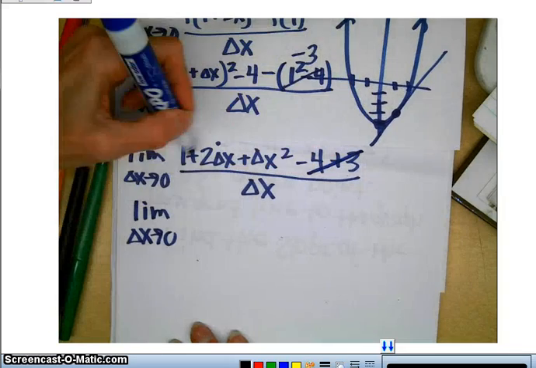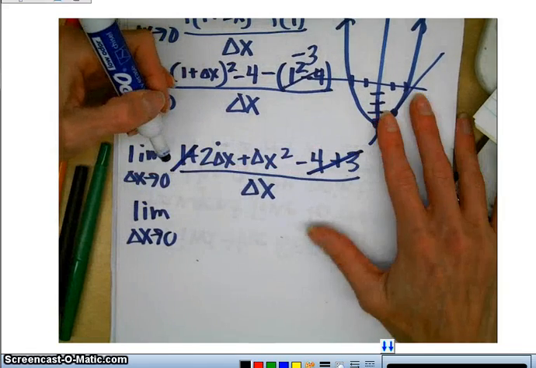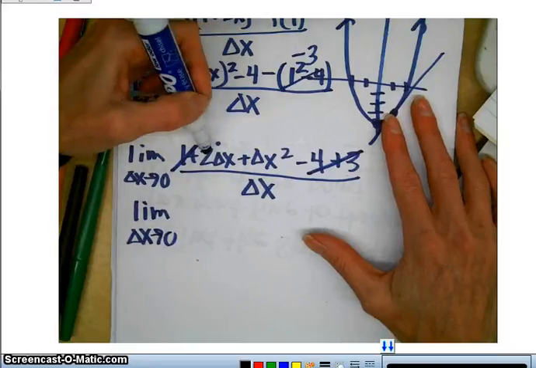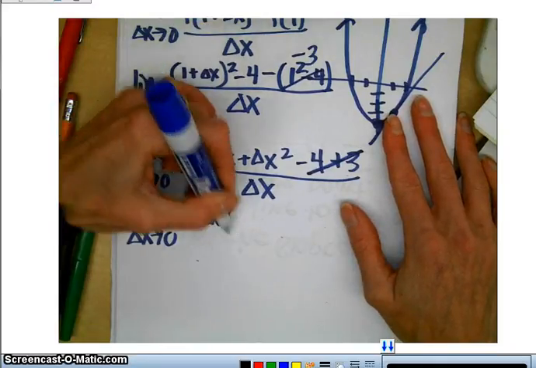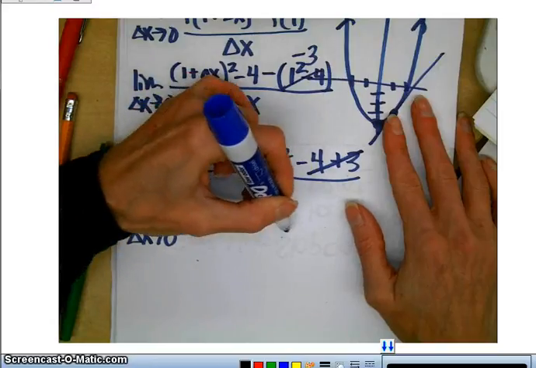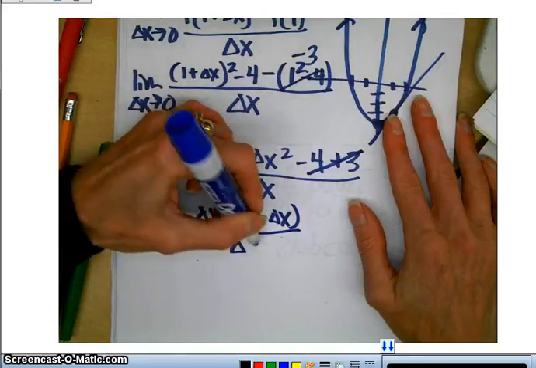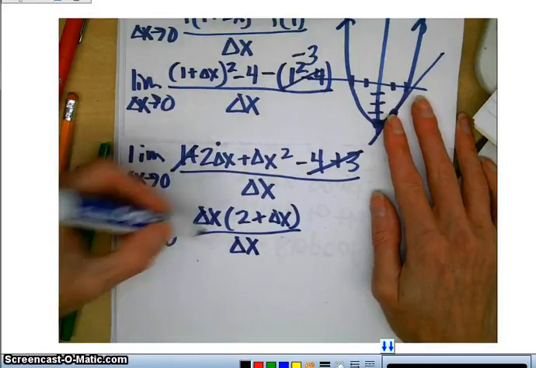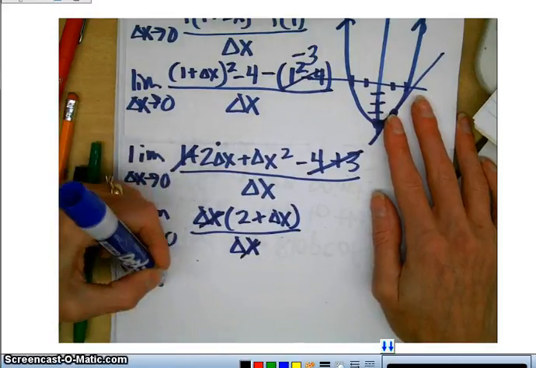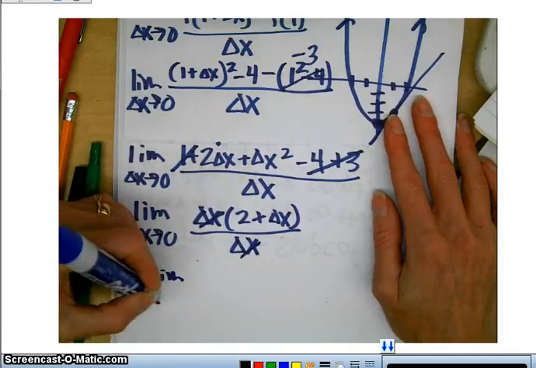Those all go away. Now, with what I have left on the top, can I factor out a delta x? Yes. And inside I have 2 plus delta x left. On the bottom I have delta x. What can I do? Cross off the delta x. Now, can I use substitution?